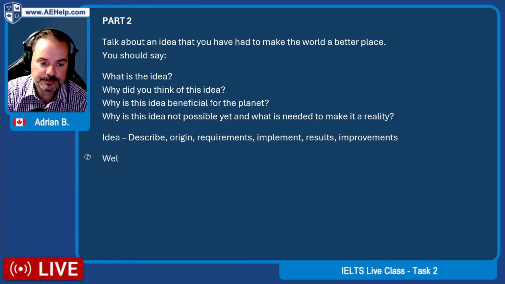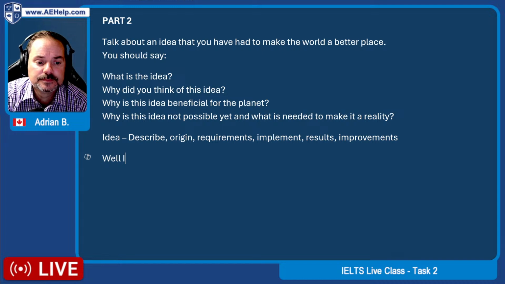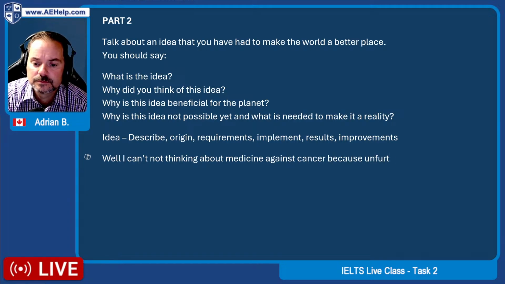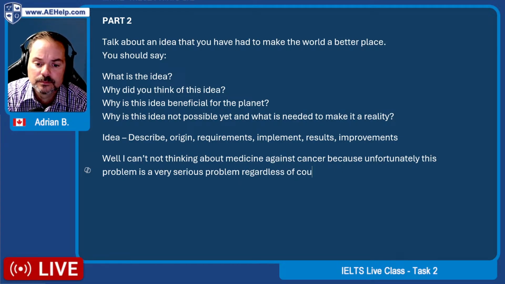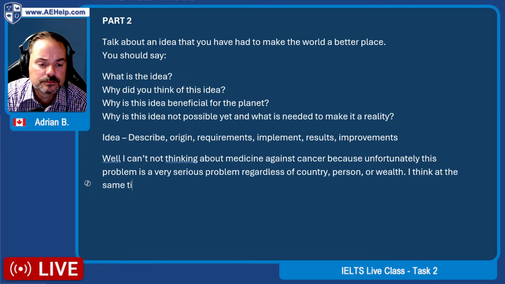Well, I can't help thinking about medicine against cancer, because unfortunately this problem is very serious for any country, for any person, regardless of their income, their possibility to heal themselves. So I think that at the same time, as we can see, biggest countries have to spend big budget for defense, for military, for weapons.